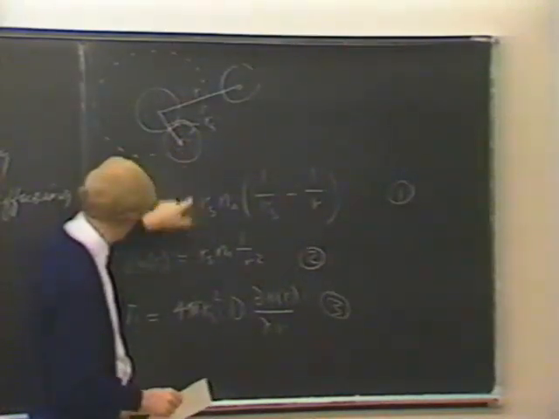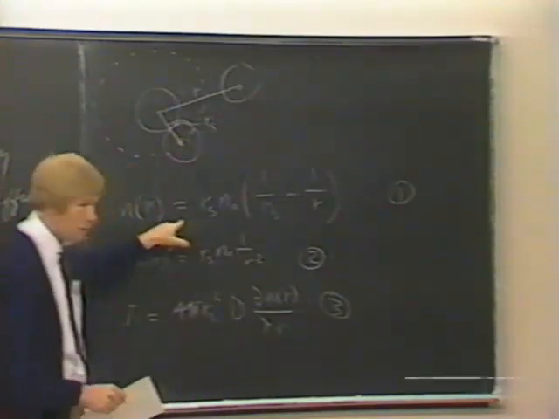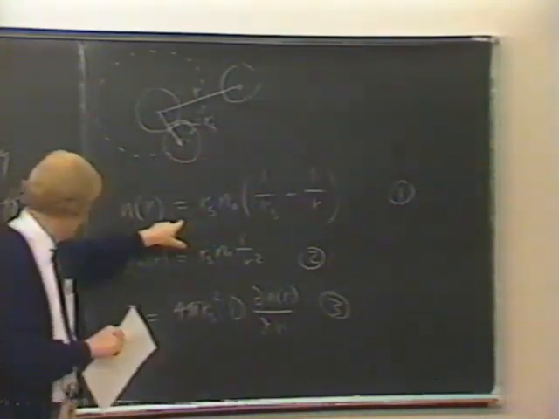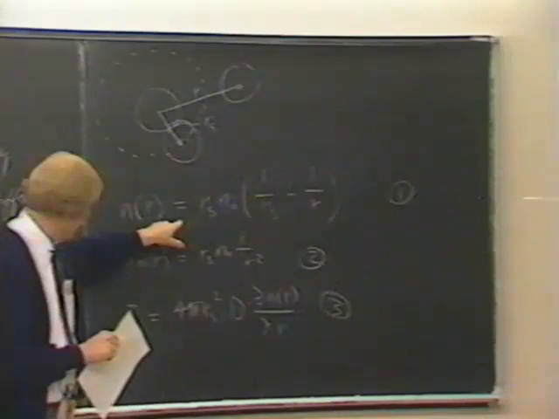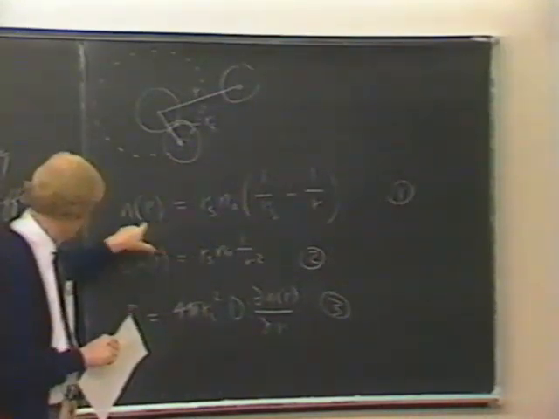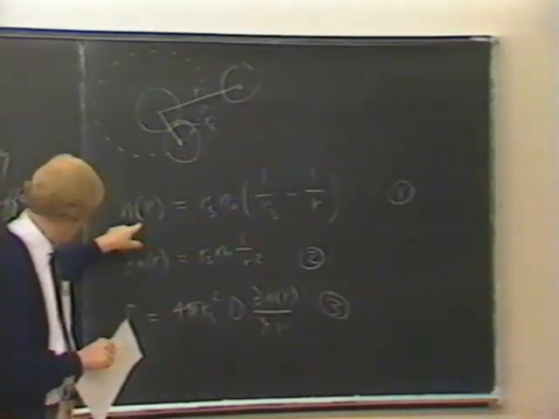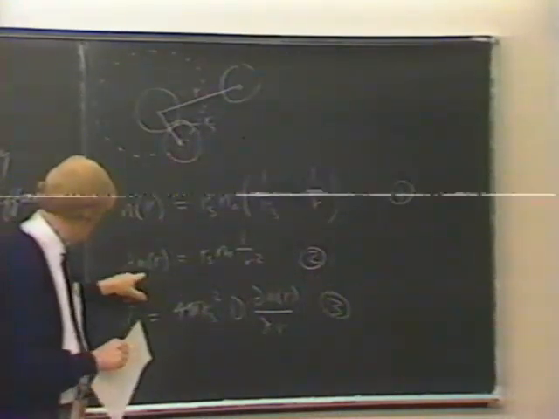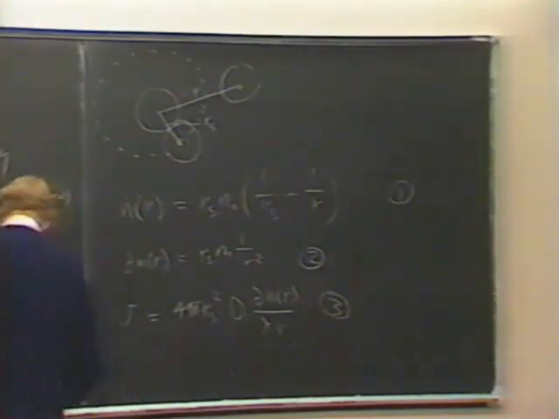for the distribution of the spheres, the number at distance r, and the derivative of that with respect to r. Then you differentiate that and you arrive at this.